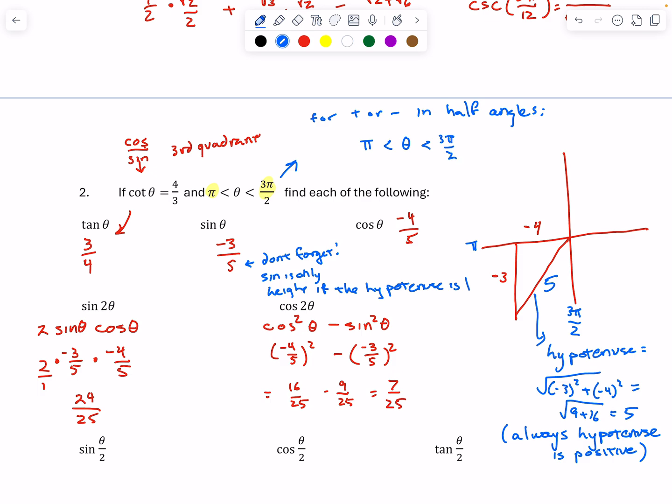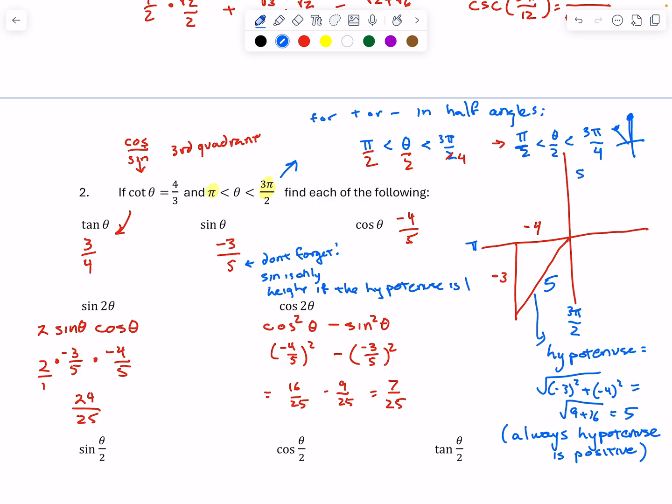Then I'm going to just cut everything in half. So pi over 2, theta over 2, 3 pi over 4. Where is that? It's between pi over 2 and 3 pi over 4.